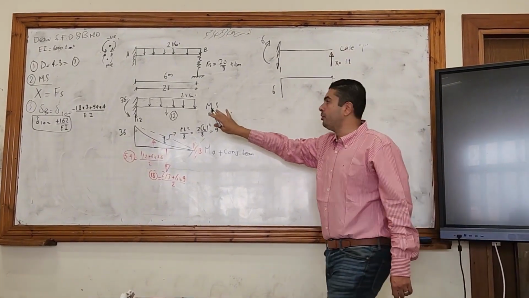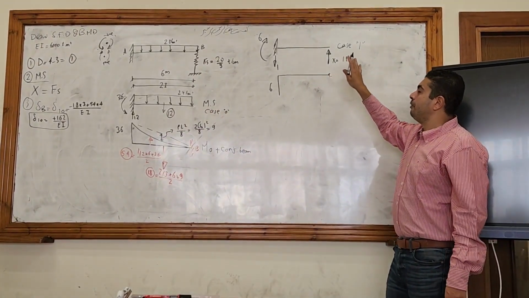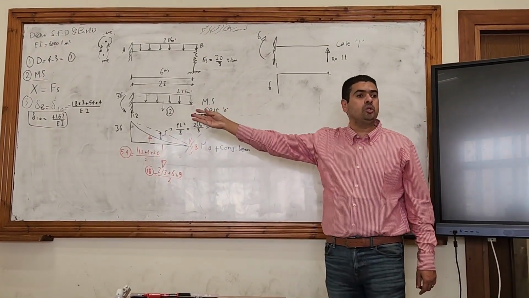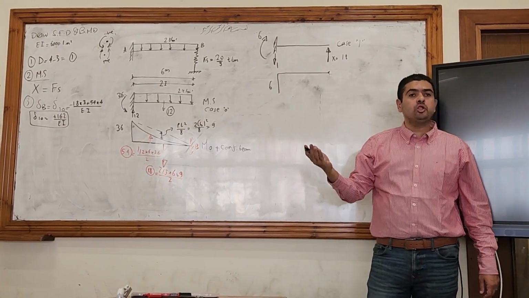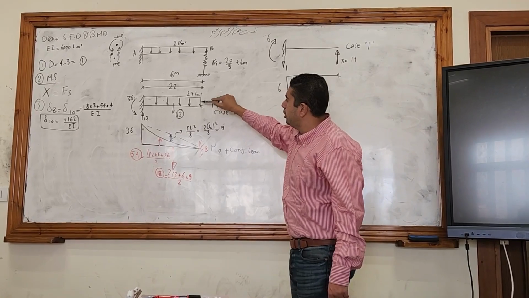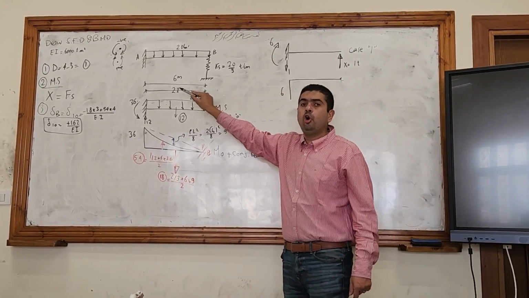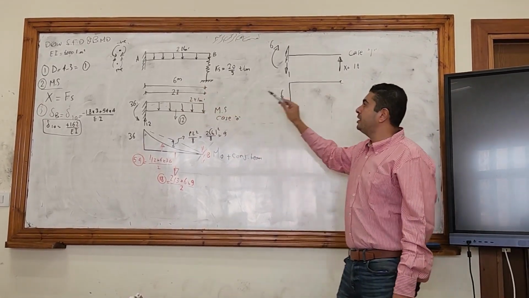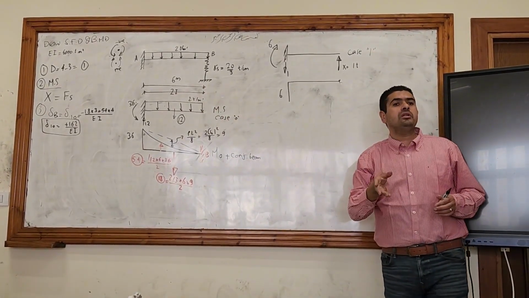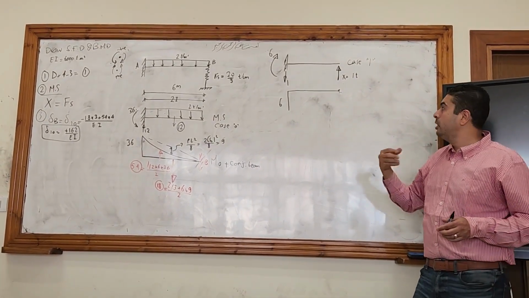Case node is for the loading. Case 1 is for the thing you missed in case node. What did I miss in case node? The support here, I didn't consider the support at B, right? I considered only the loads. So in case 1, I will consider the remaining part that I missed in case node.